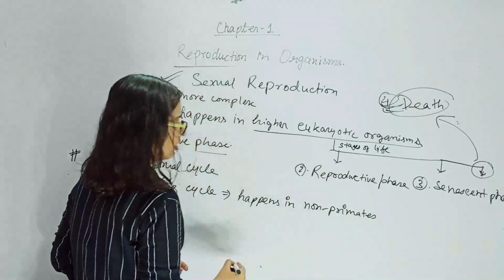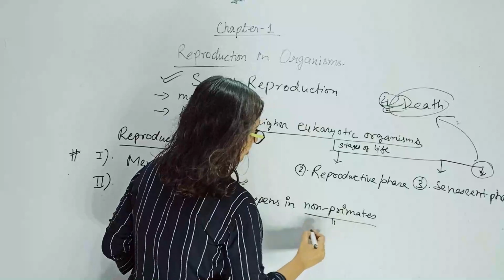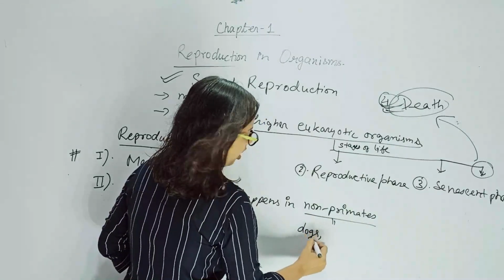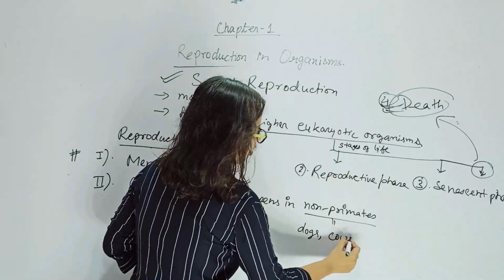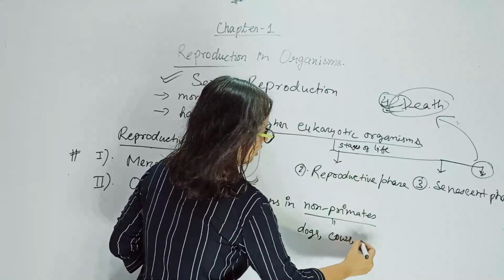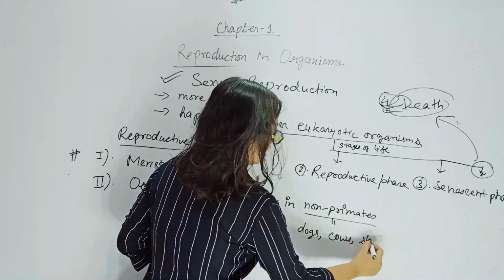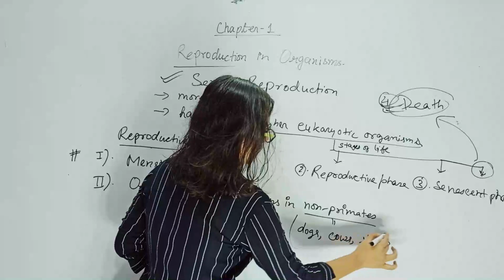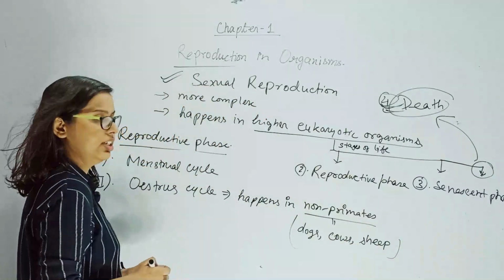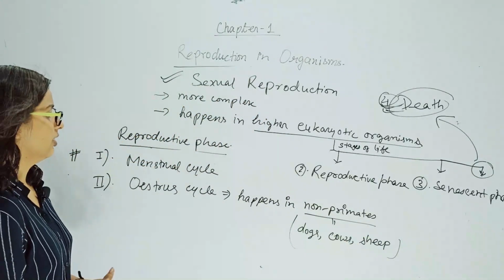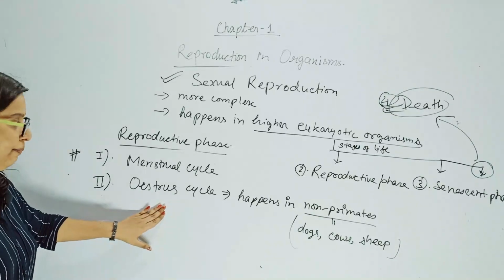Non-primates, for example, dogs, cows, sheep, etc. These organisms undergo the estrus cycle.